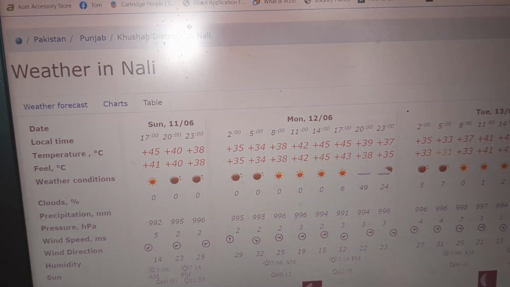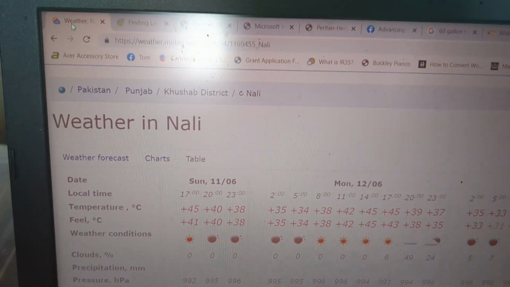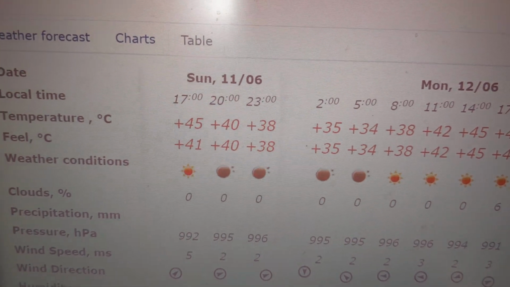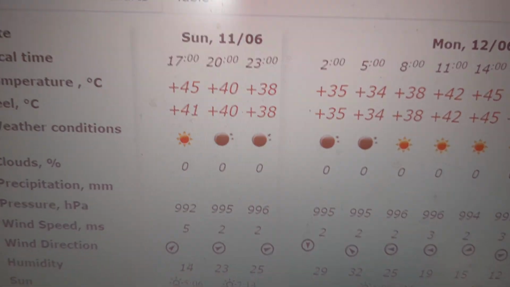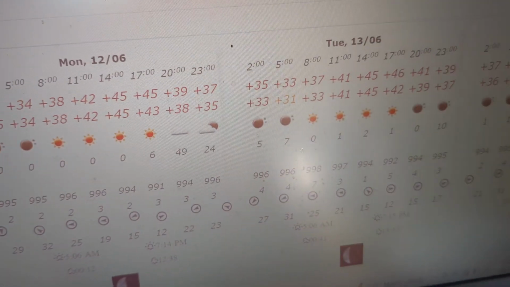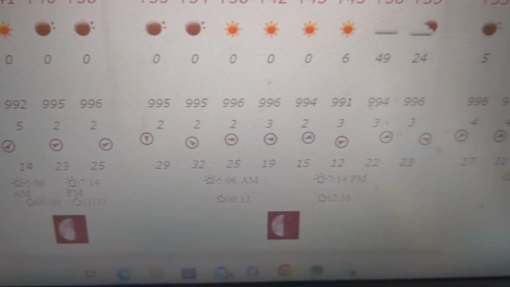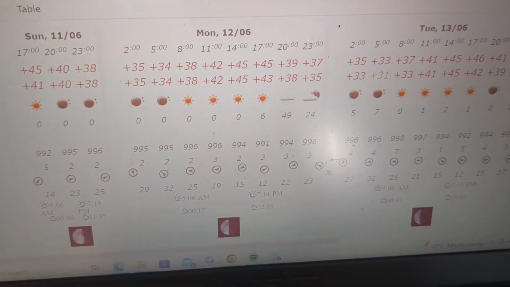Okay, so we can see through looking at this weather data that currently it's pretty hot out there. Okay, 40s, high 30s. All right. And the humidity is low as well, 14, 23, and all that kind of stuff.